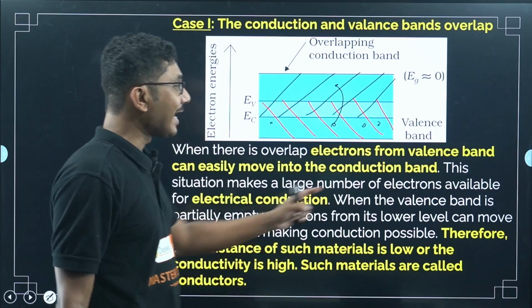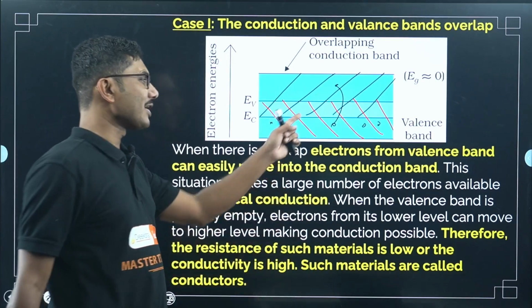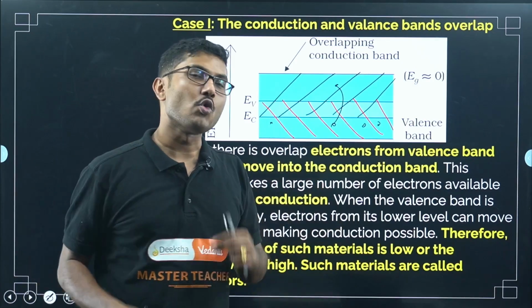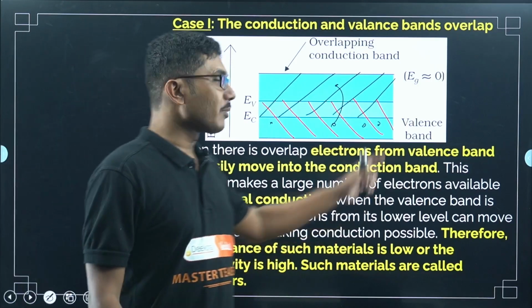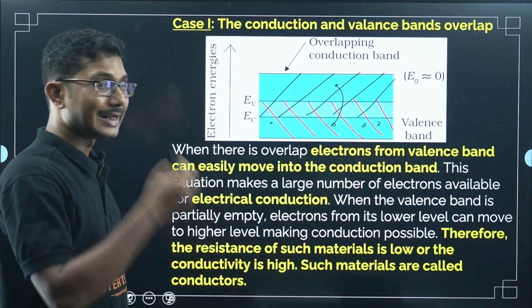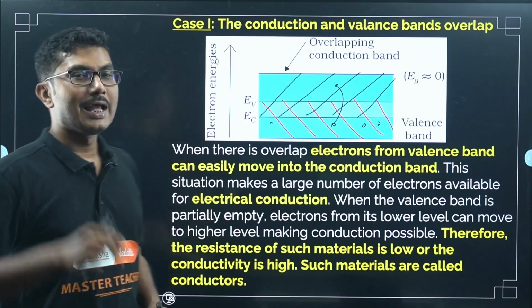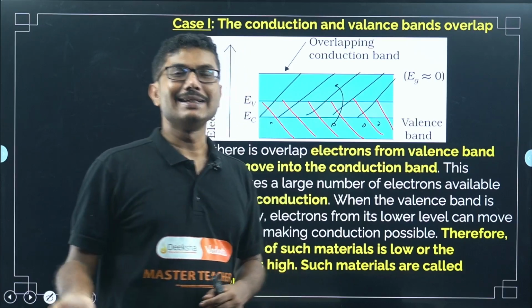When the valence band is partially empty, it is not completely full, it has some scope of accepting electrons from outside. Electrons from the lower energy level, which I am not so interested in, but in some cases it is important as well. If the valence band is not full, it can still take some electrons.